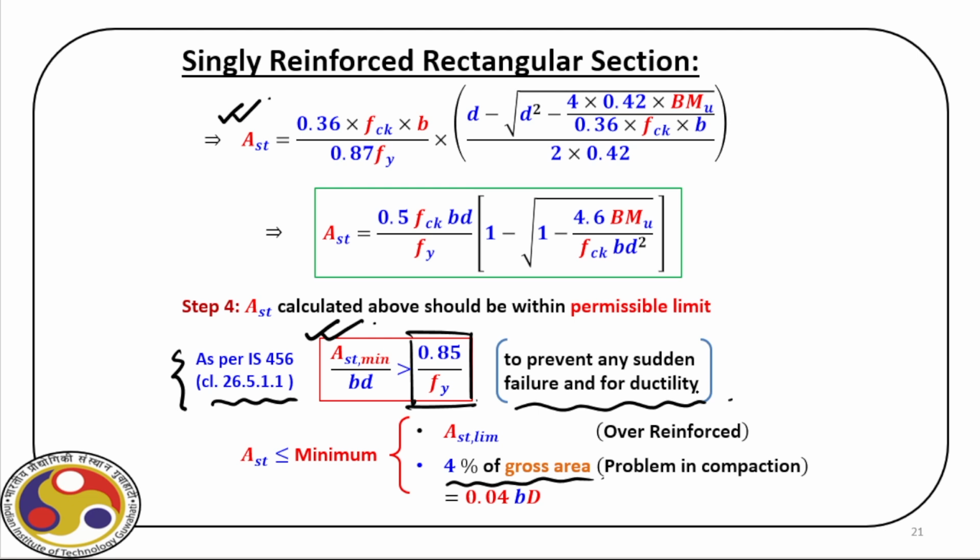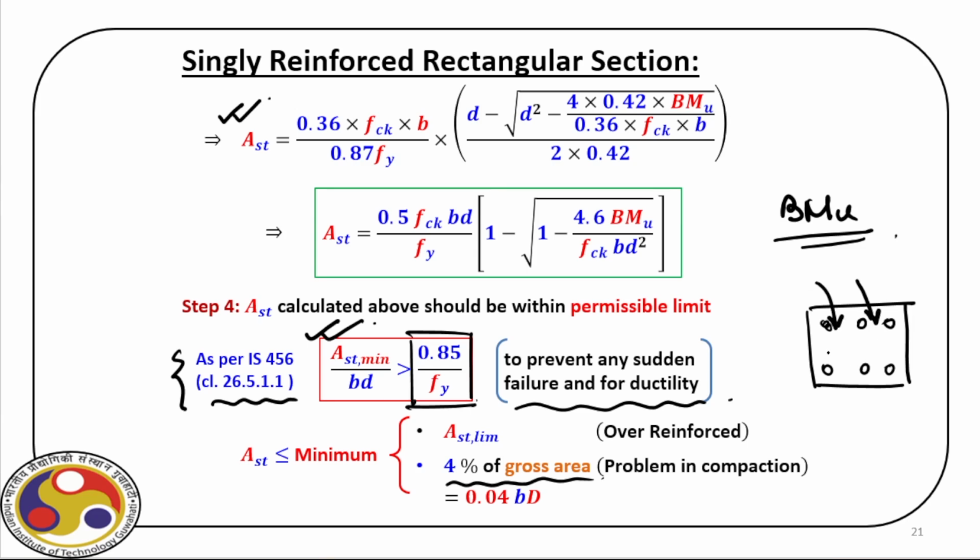Now, this minimum amount of steel we have to provide, which is required for this section when we apply the bending moment Mu over this cross section. But we cannot go beyond 4% of the gross area for steel, because once you cast a formwork and then you first place the steel, then if it is more than 4%, it is very difficult to pour concrete here and go for proper compaction.